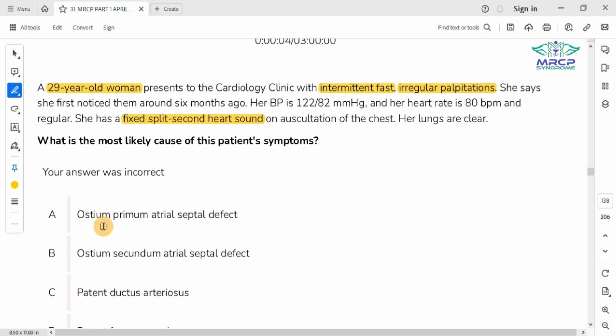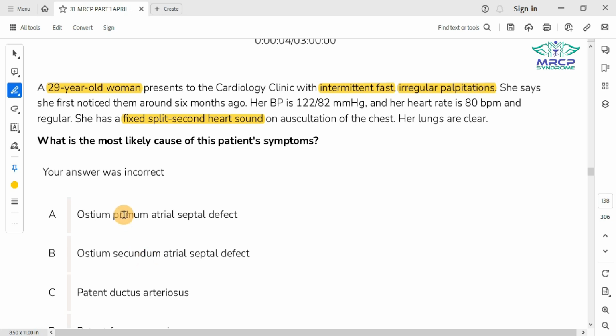In both conditions, whether this is ostium secundum or ostium primum, both of them will have the right bundle branch block. In case of ostium primum, there should be left axis deviation. In case of ostium secundum, there should be right axis deviation. So depending on the axis deviation, we can differentiate, but they haven't given the axis deviation here. So since secundum is more common, we'll be going for the secundum.